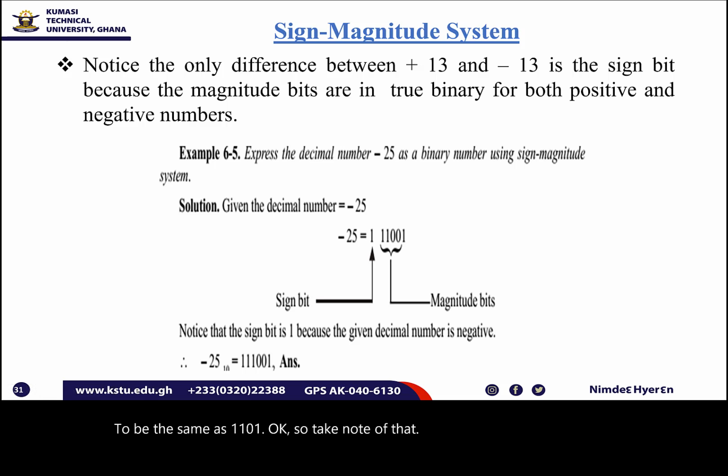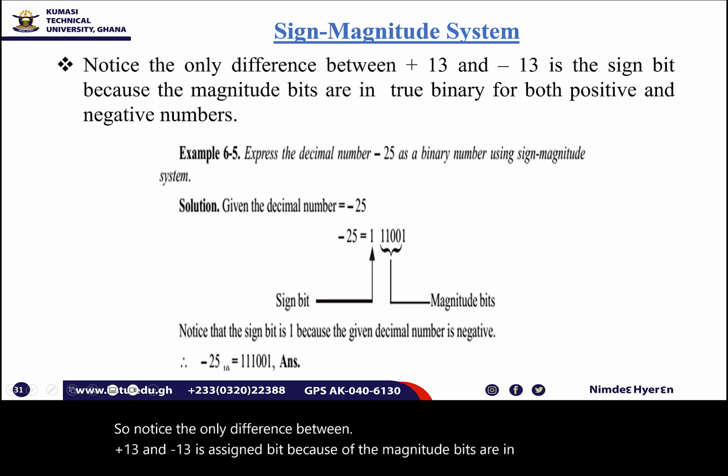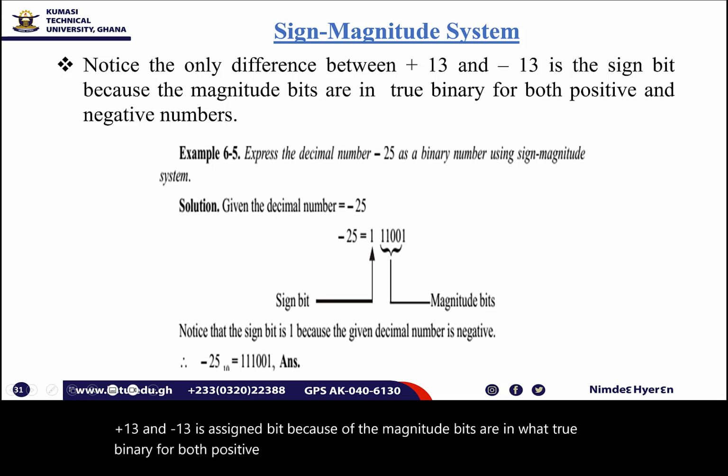Notice the only difference between positive 13 and negative 13 is the sign bit, because the magnitude bits are in what? True binary for both positive and negative numbers, as we looked at earlier.